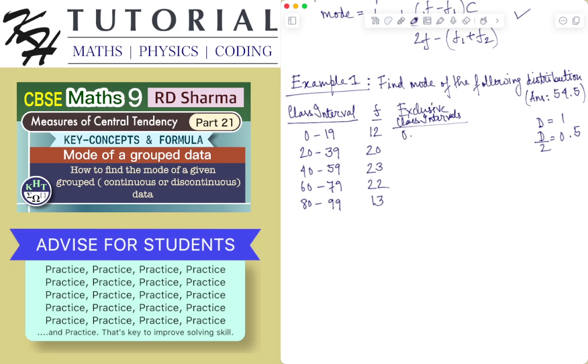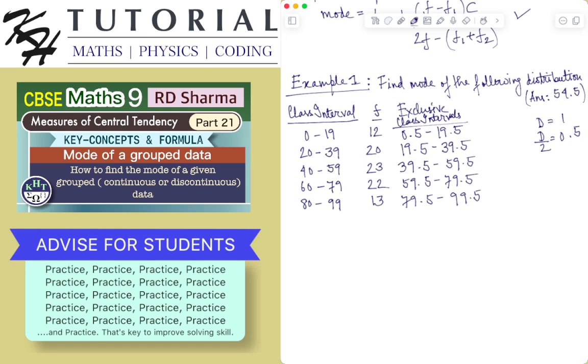So this becomes 0.5 to 19.5. Then we have 19.5 to 39.5, 39.5 to 59.5, 59.5 to 79.5, and finally 79.5 to 99.5.